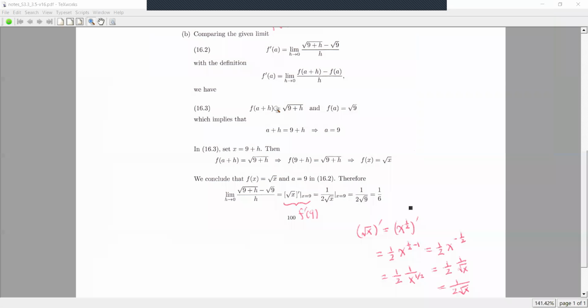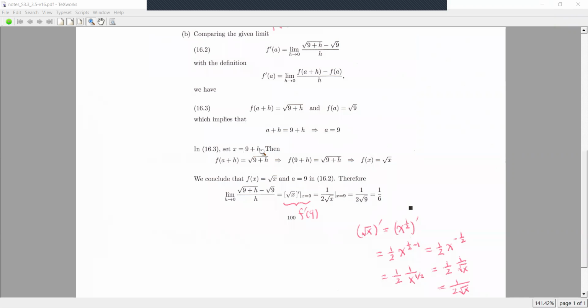The left-hand side of this equation is a plus h, and the right side is 9 plus h. Therefore, a is 9. And this equation is f of 9 plus h is equal to square root of 9 plus h.